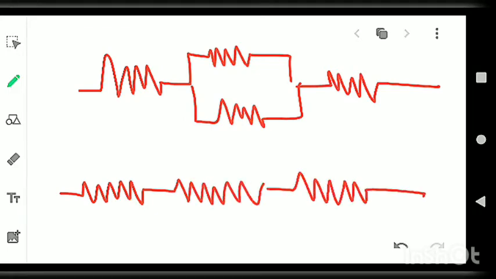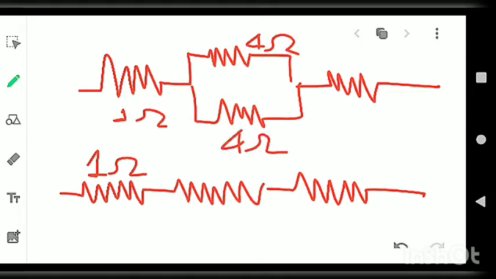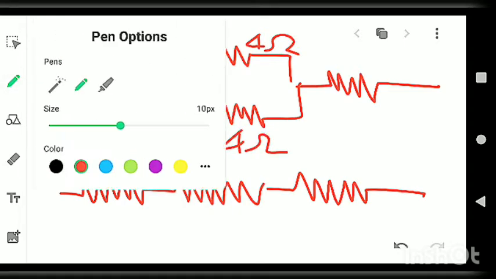Previously it was 1 ohm, so it will also be 1 ohm, and these two were 4 ohms, so their corresponding resistance is 2 ohms.